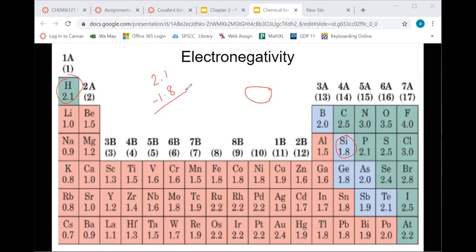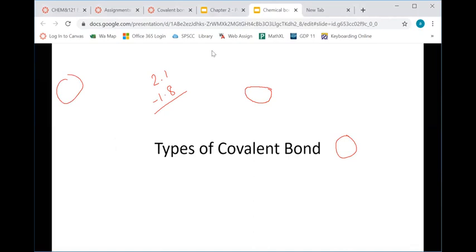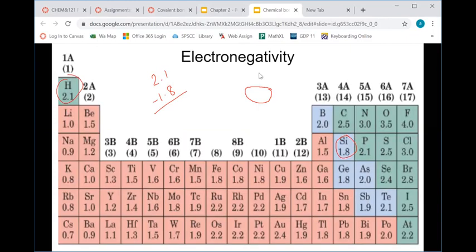Uh-huh. Okay. And so when you look at that, even though the formula is SiH4, it doesn't matter that there are 4 hydrogen.